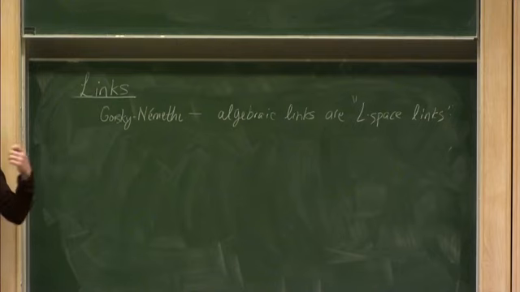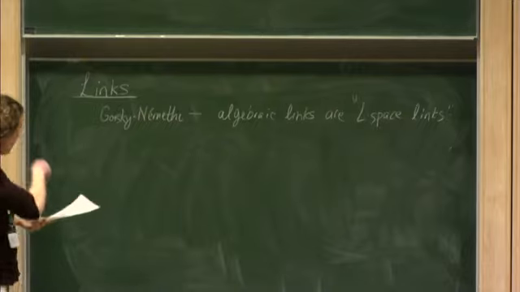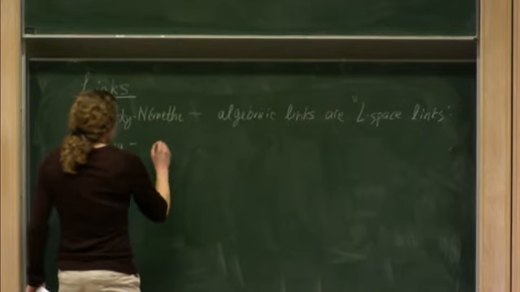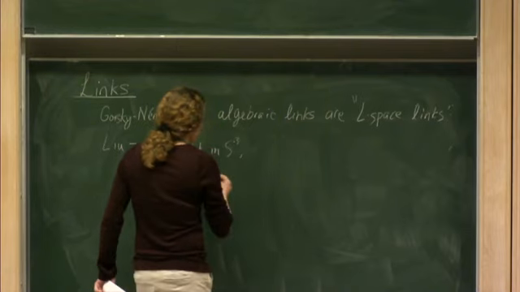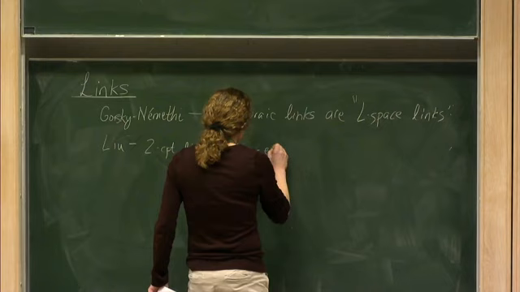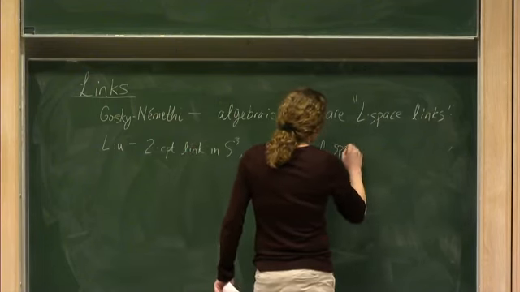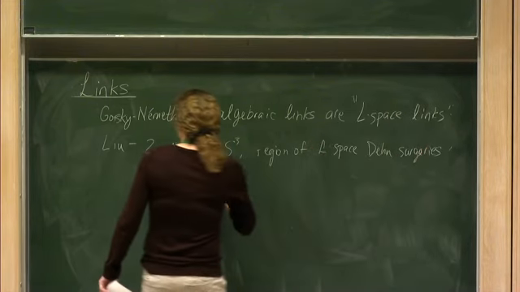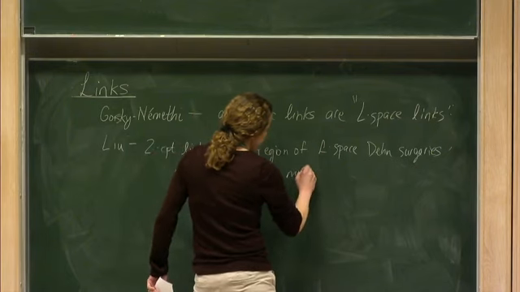For an L-space link, if you have a link in S3 and there are sufficiently large integers in both slopes that give you an L-space, then you're an L-space link. Then Liu showed that for a two-component link in S3, the region of L-space surgeries is determined by the multivariable Alexander polynomial.